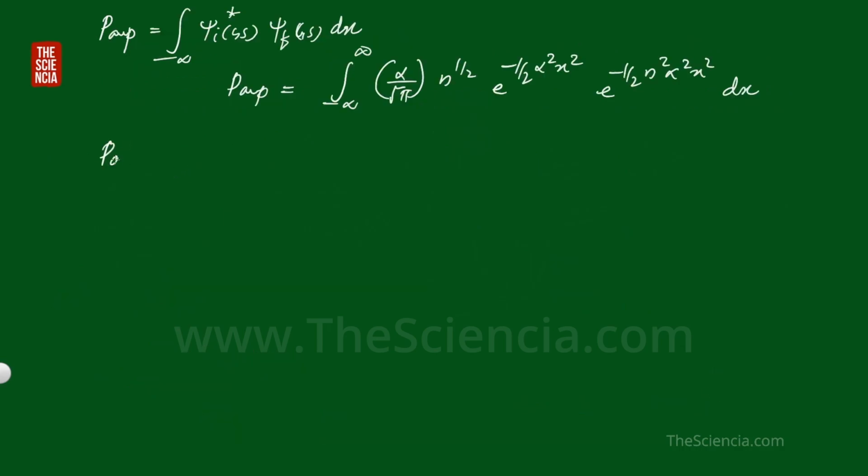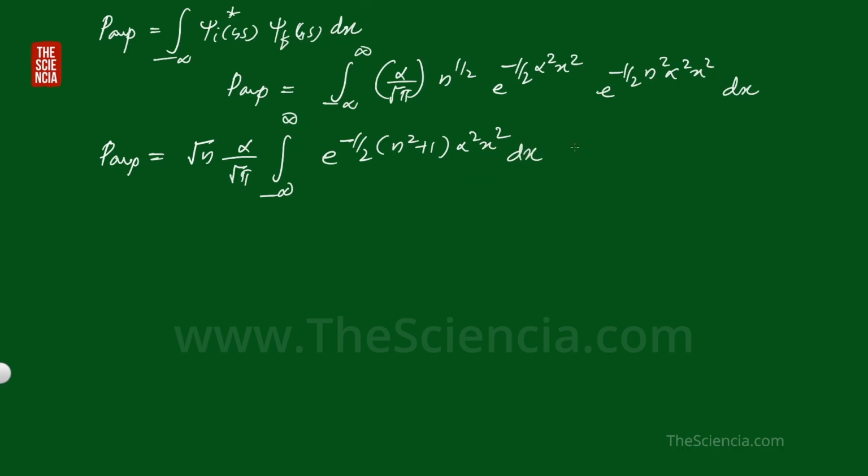That is, probability amplitude is equal to root n alpha by root pi integral from minus infinity to infinity e raised to minus half (n square plus 1) alpha square x square dx.